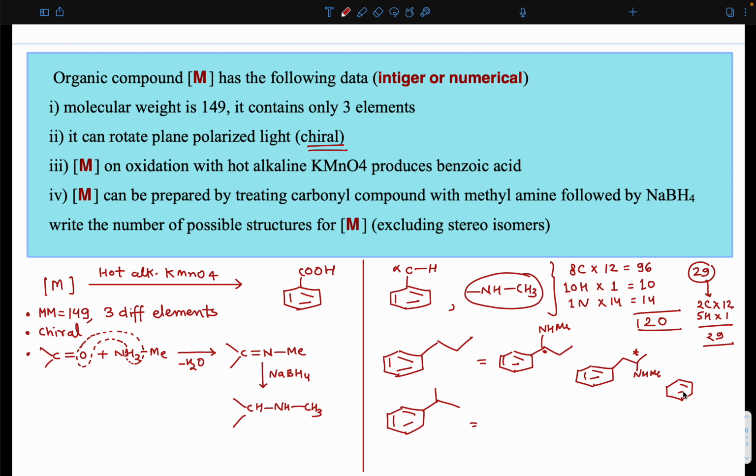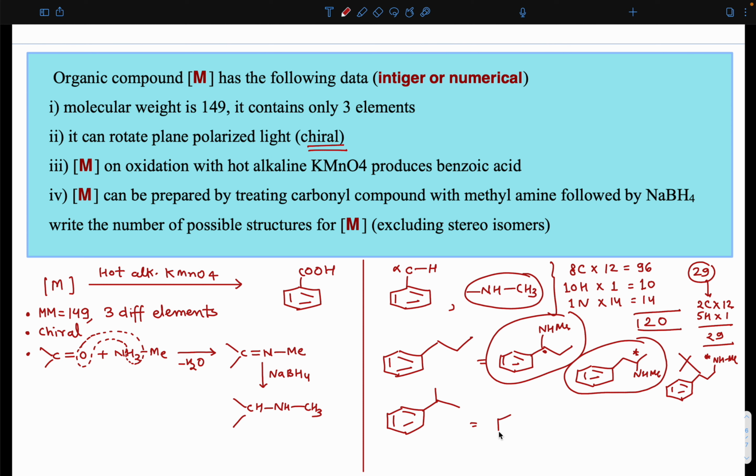Third is this one. We may get a chiral center only at this nitrogen, but due to flipping it will have a racemic mixture condition, so I should not count this picture. Only these two pictures are considerable in the n-propyl chain.